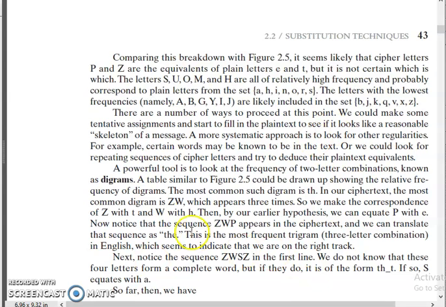Another concept used by the cryptanalyst is the frequency of two-letter combinations known as digrams, because in English the most frequently used two-letter combination is TH. Wherever TH occurs, he uses the letters ZW. Another technique is the three-letter word.